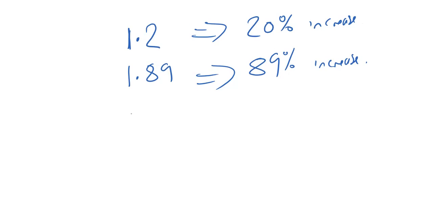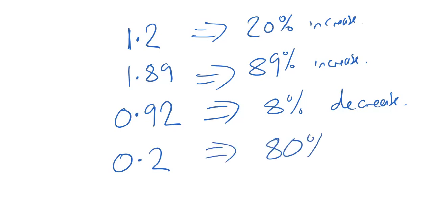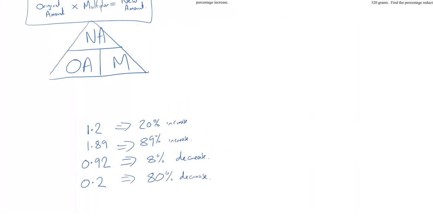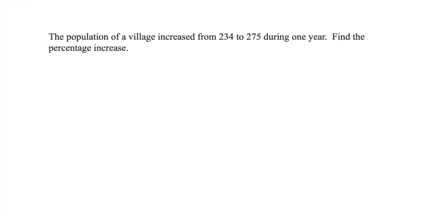If I found the multiplier was 0.92, this is the hard bit here, that would be an 8% decrease. If I found out that it was 0.2, that would be an 80% decrease. Now, this was explained in a previous video. Do look it up if you don't understand, but we've got to make sure we understand that before we can do anything. So with all those pieces of information done, let's jump into the questions and see if we can work out some solutions.